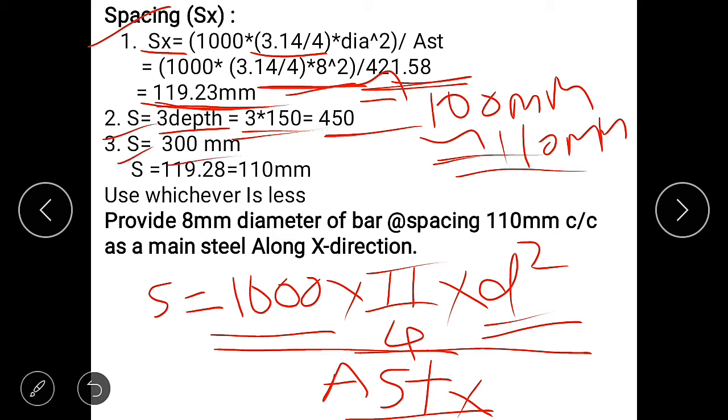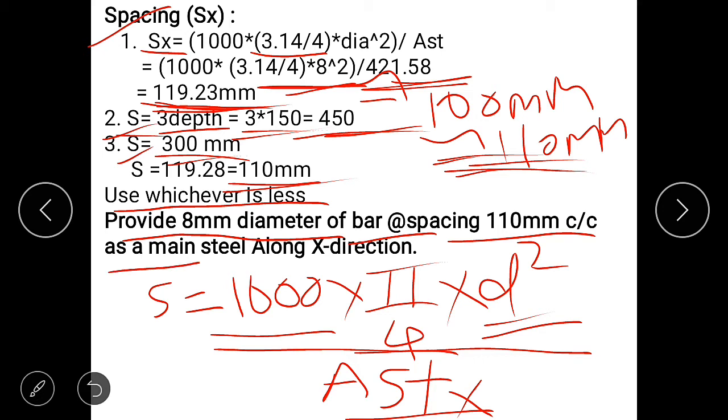From these three spacings in X direction, the first is 110, the second is 450 and the third is 300. From these three, use whichever is less. 110 is less. So provide 8 mm diameter bar at spacing 110 mm center to center as main bar along X direction. This we calculated along X direction.